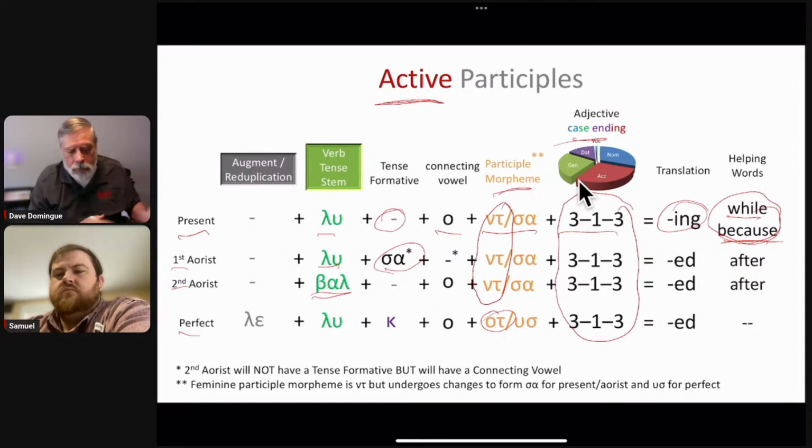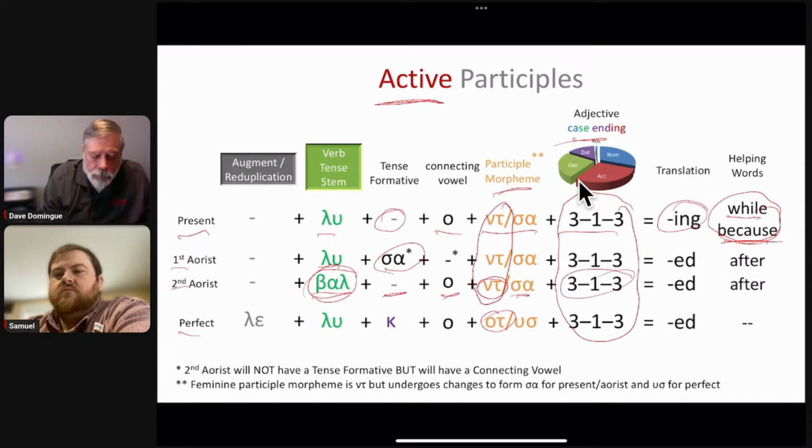We're not going to use the present tense because it's modified often. And there is no tense formative because we know it's aorist by the tense stem. And we have a connecting vowel, and again, it's active, so we're using the nu tau, sigma alpha, again, the 3-1-3 pattern. And because it's aorist, we typically put an -ed ending.